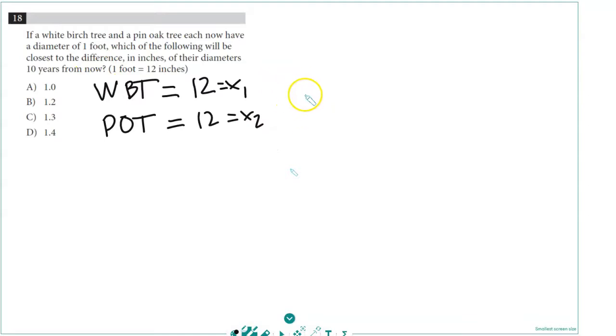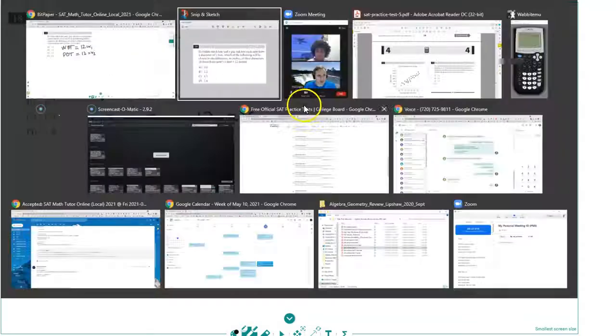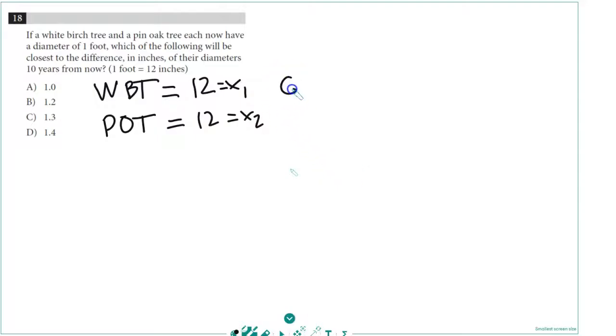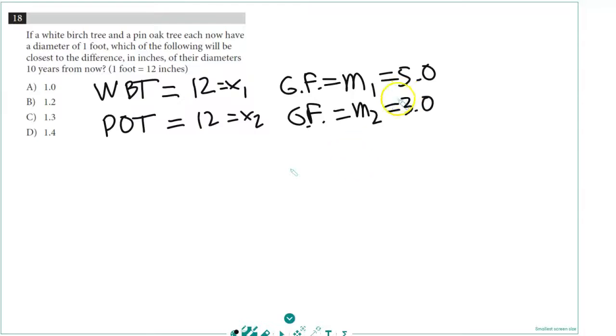So we need the growth factor for the white birch. The growth factor for the white birch was 5.0. And then the growth factor for the pin oak tree is 3.0. Okay, so what that means is, that's 3 years per inch for the pin oak, and 5 years it ages per inch for the white birch.